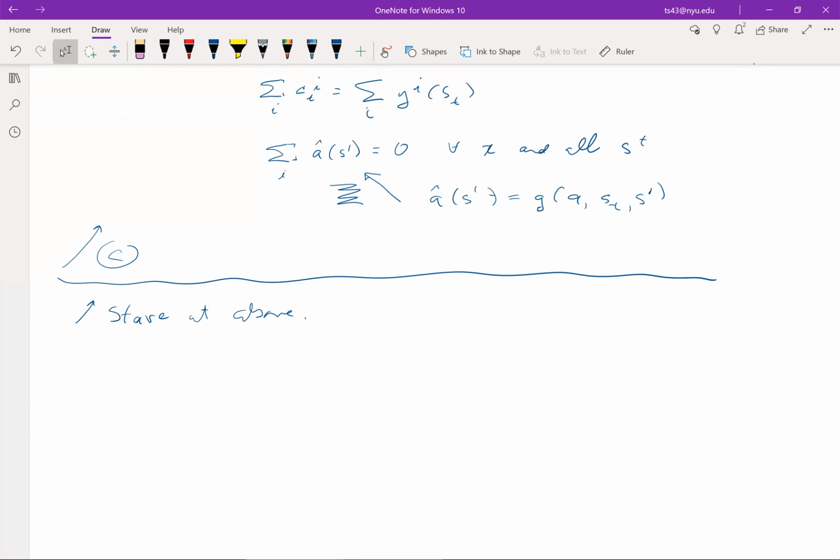My confession is when I make up problem sets or exam questions, I'll describe an economy with a Markov endowment process for everybody.